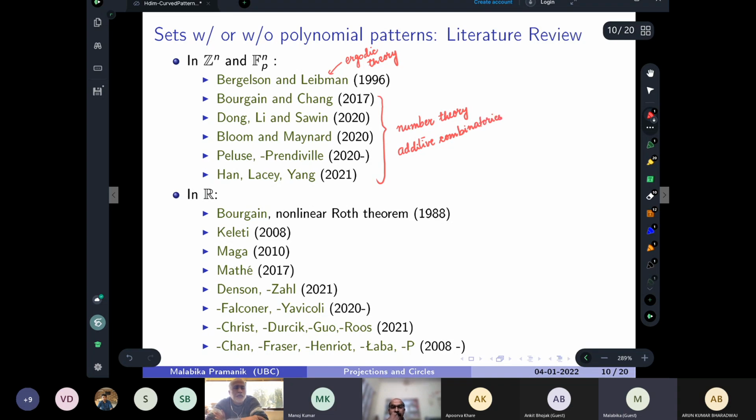Okay. Now, in the continuum setting, what is the motivation for studying these questions? And once again, the motivation comes from many different directions. Some of this later work have connections with multilinear integrals, and these are of an operator theoretic flavor.